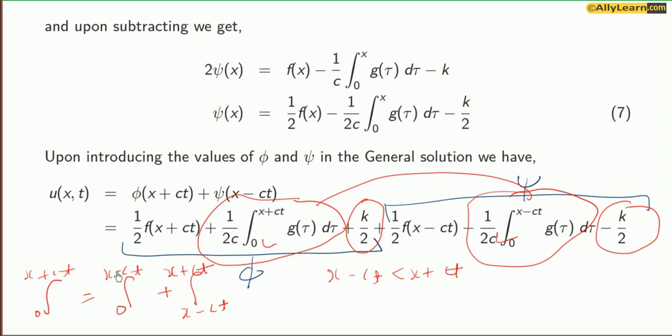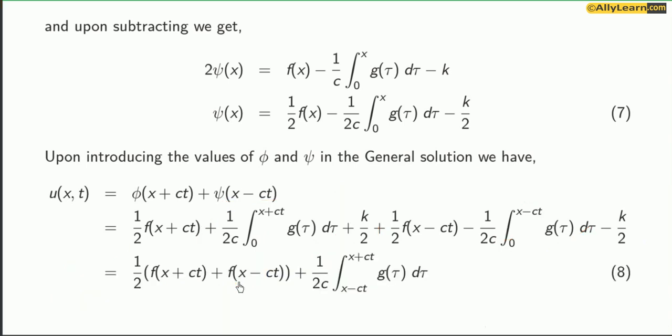And when we write this in these two forms, then this integral with the limits from 0 to x minus ct will get cancelled with this integral, as this also has limits from 0 to x minus ct, and then only this integral will be left with limits from x minus ct to x plus ct. So upon doing these steps, we get this expression.